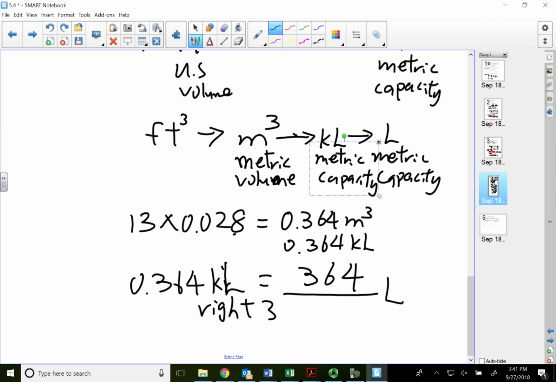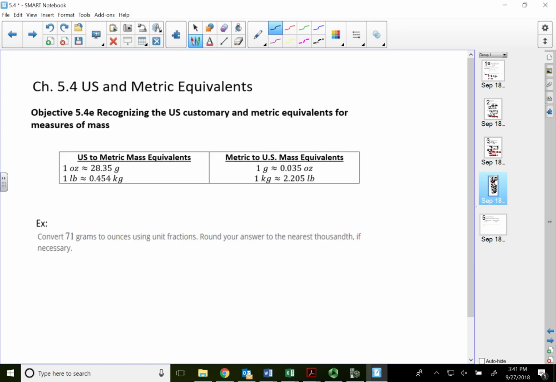All right, let's do one more type of problem. This is conversion of weight equivalents. Started with 71 grams. When you hear the word grams, that's weight. Convert 71 grams to ounces.